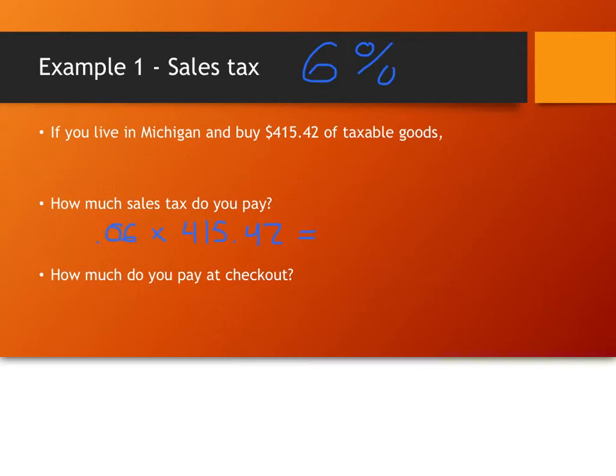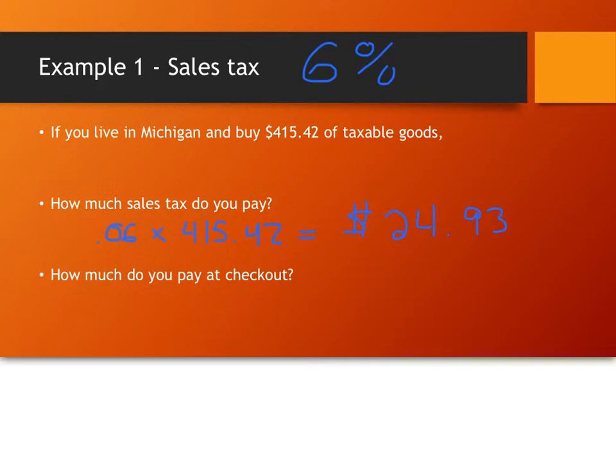And you're going to get one of those long decimals, but if you round it correctly, you should figure out that you pay $24.93. The decimal part is 0.9252, and so that would round up to a 3.